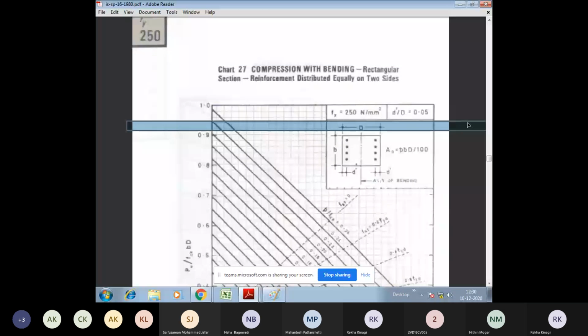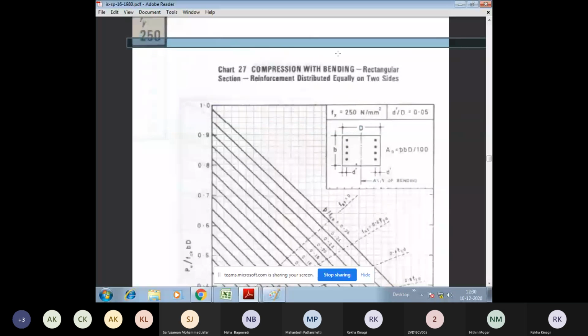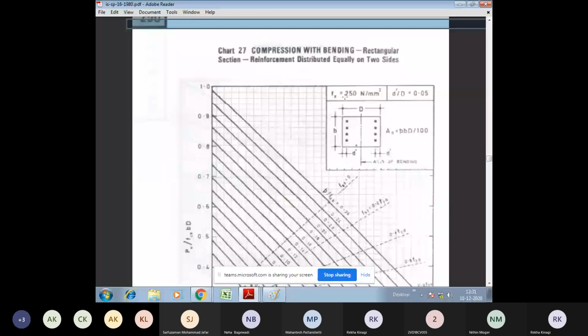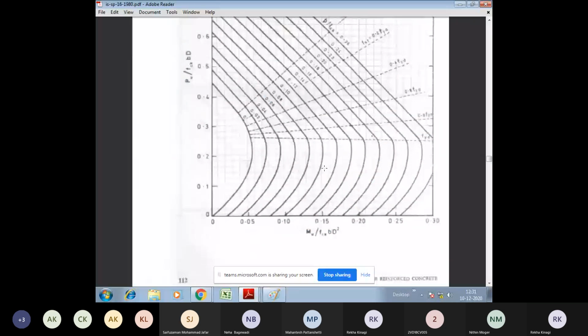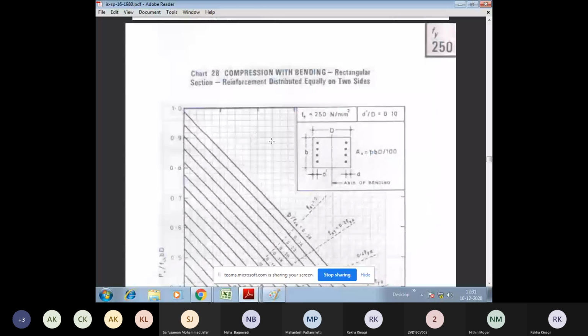Chart 27 will be used only if we have grade of steel as 250 Newton per mm square, d dash by d value as 0.05, and reinforcement on only two sides. This is how we can proceed. Once we start with the design, we are going to refer to it.